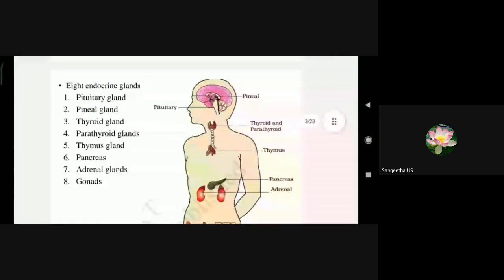Now, there are eight endocrine glands. What are those? First of all, the pituitary gland. The pituitary gland was said to be the master endocrine gland, but new research says the pituitary is also governed by the hypothalamus.